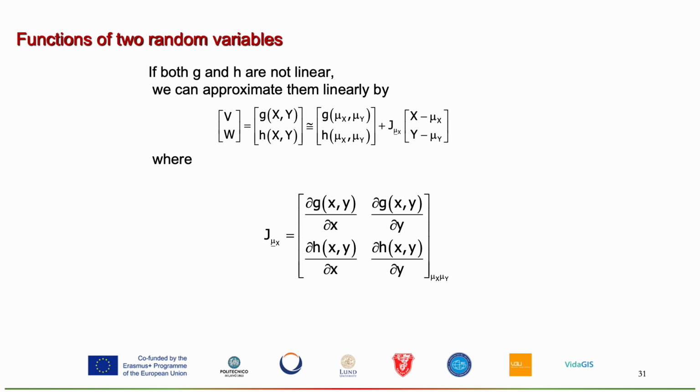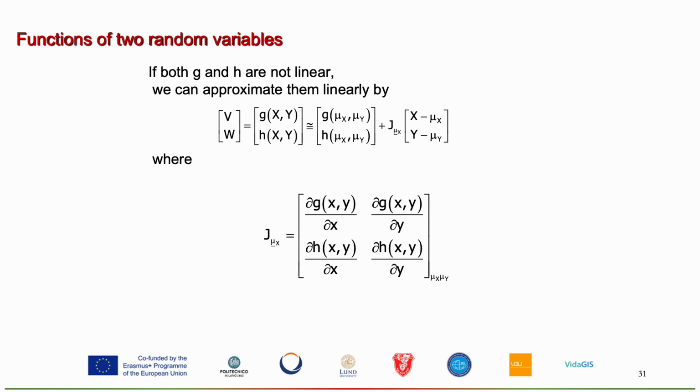So we can write VW equal to, respectively, g evaluated in mu x, mu y and h evaluated in mu x, mu y, plus the so-called Jacobian of the transformation evaluated in the mean of XY that multiplies x minus mu x, y minus mu y.